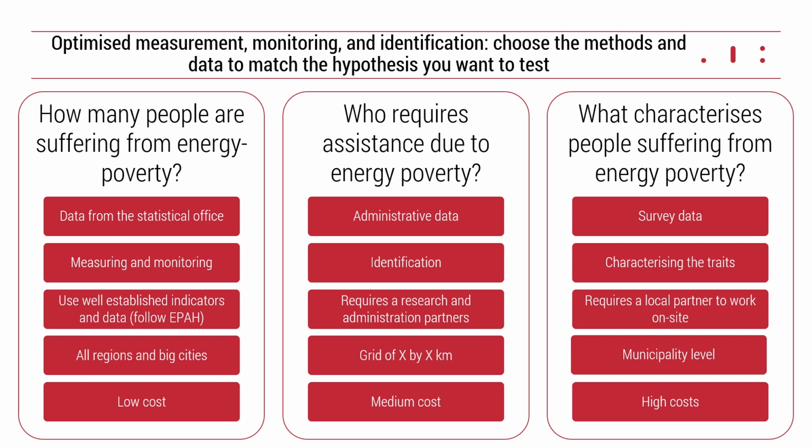It basically tells you about measuring and monitoring. So it tells you about the scale of energy poverty in a given country or region, and it helps you evaluate, for example, the efficiency of support measures, because you can monitor the changes of the scale of energy poverty over time. How you should approach answering this question, or accomplishing the task of measuring and monitoring.